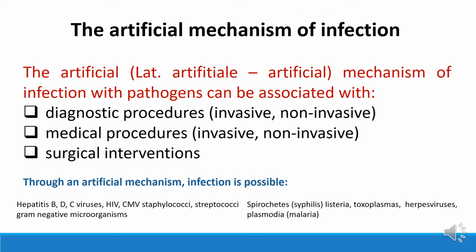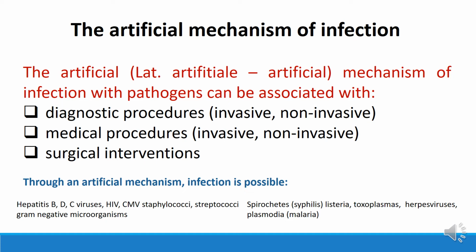And the last mechanism of transmission of nosocomial infections is the artificial mechanism. The artificial mechanism of infection with the causative agents can be associated with diagnostic procedures, invasive and non-invasive procedures, medical procedures, and surgical interventions.